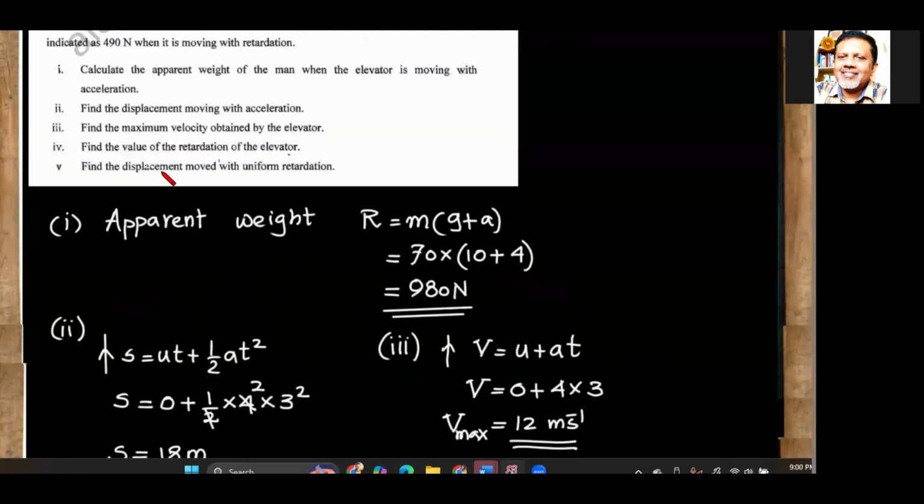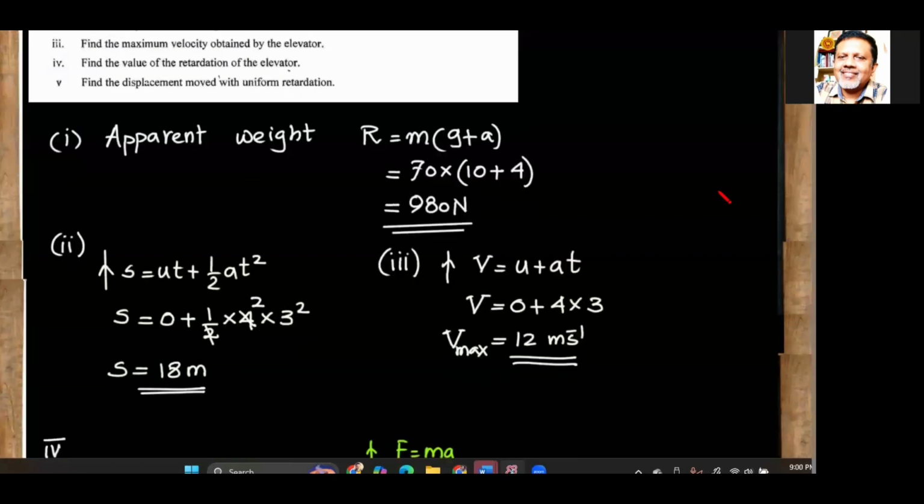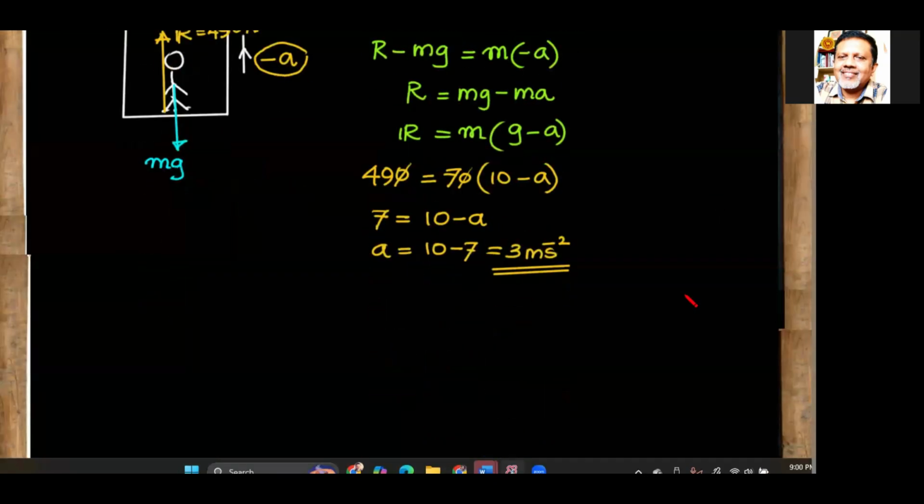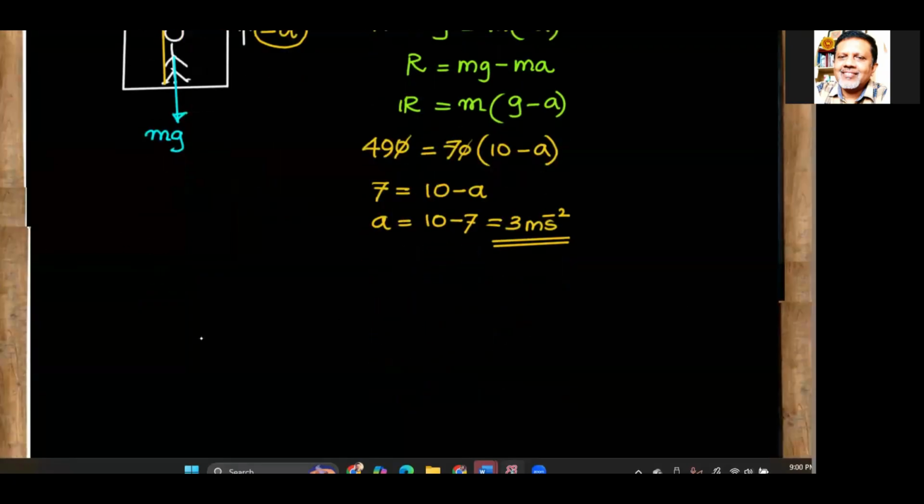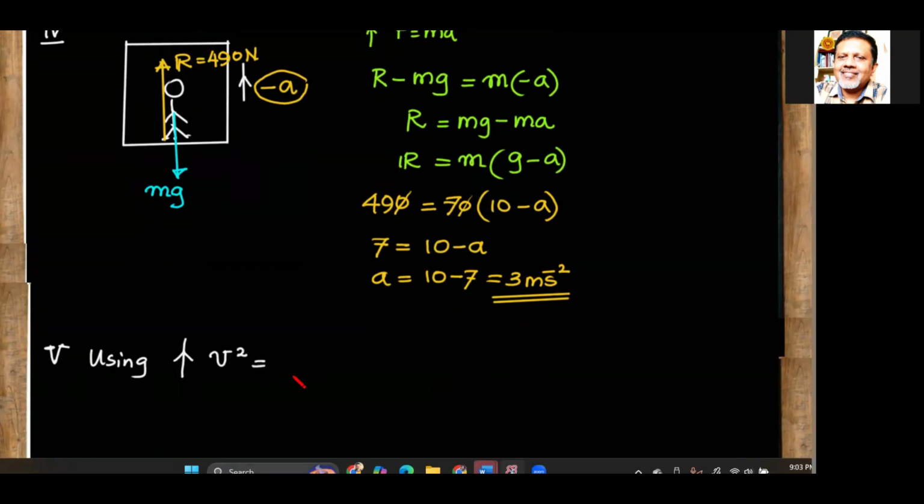And finally, find the displacement moved with uniform retardation. After finding the value of a, to do part 5 we need to find the displacement. If you apply v squared equals u squared plus 2as, even by using this equation we can calculate this. We know that we have a rest at last, so the final velocity should be equal to 0.